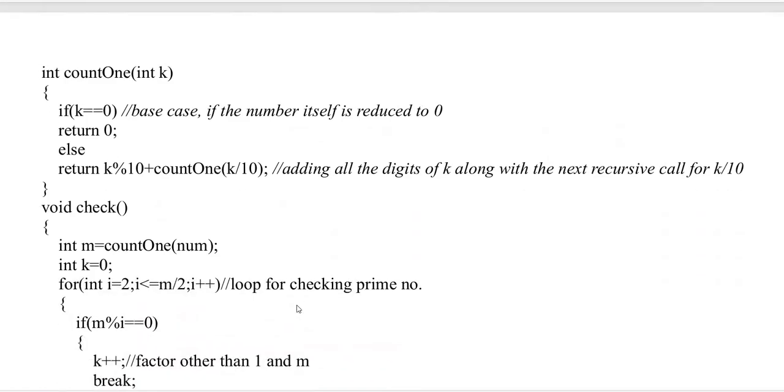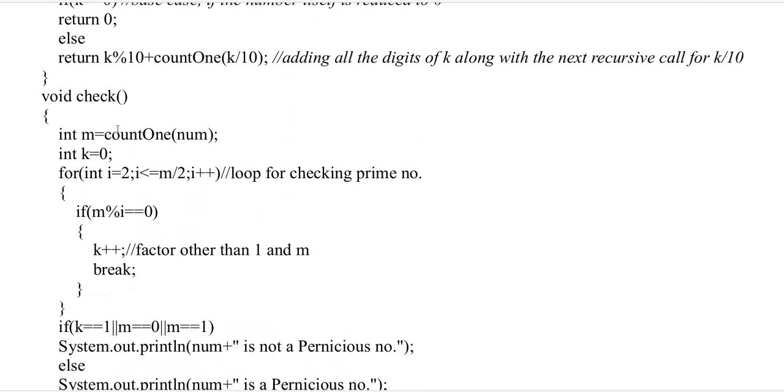Now let's move to the check function. Check function is calling the count1 function and passing the parameter global data num, and it is stored in the variable m. Now I'm running a loop to check whether m is a prime number. How am I checking m is a prime number? We all know a prime number has 1 and itself as a factor. So in my loop, I'm running the loop from 2 to half of the number. In between, if I get a factor, that means you are getting an additional factor other than 1 and m.